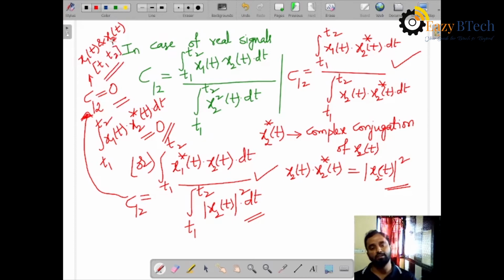They are orthogonal functions over the interval t1 to t2. So this is about orthogonality in complex signals.